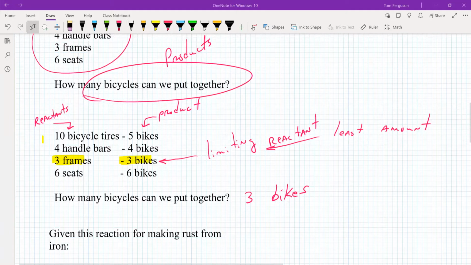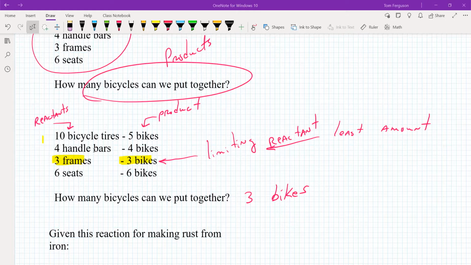If we have 10 bicycle tires, how many bikes can that produce? 5, because it takes 2 tires per bike. If we have 4 handlebars, now this is exclusive of anything else, we can produce 4 bikes because there's 1 handlebar per bike.